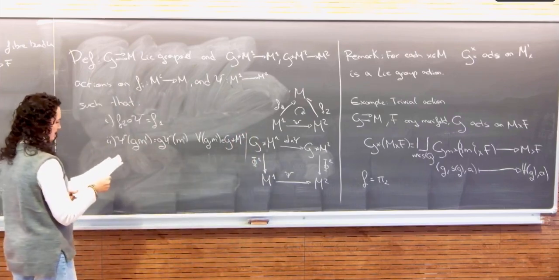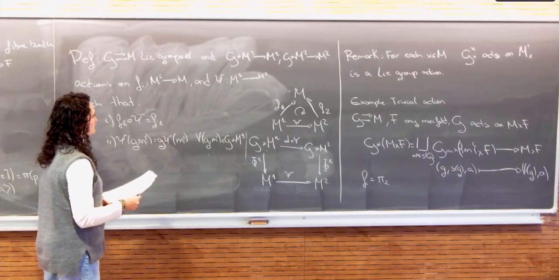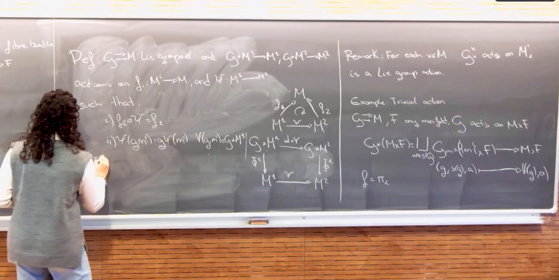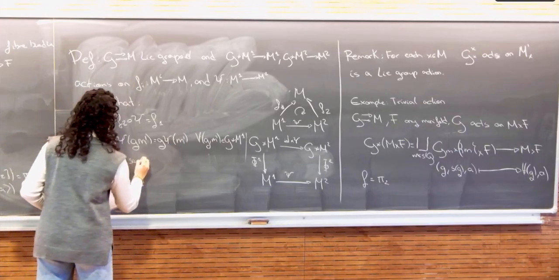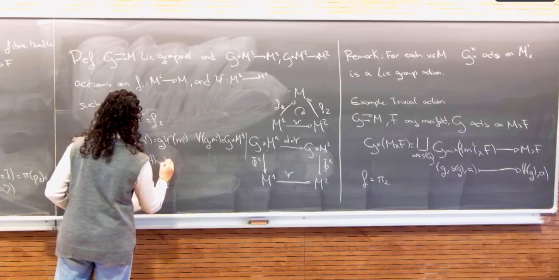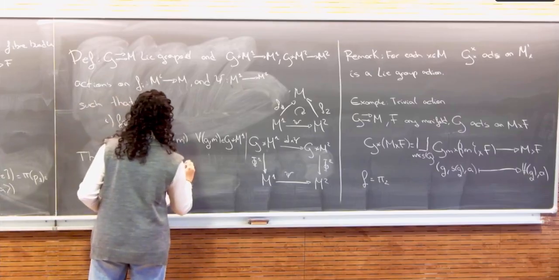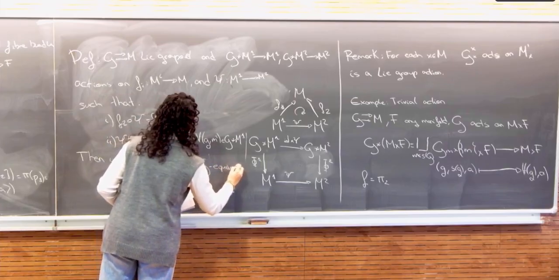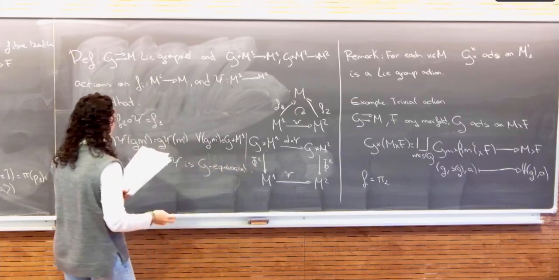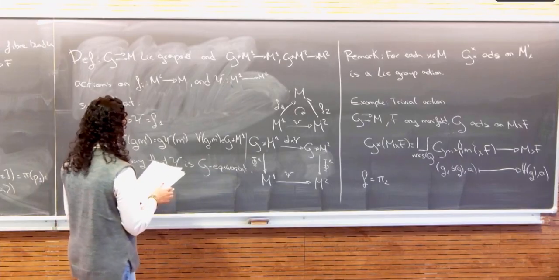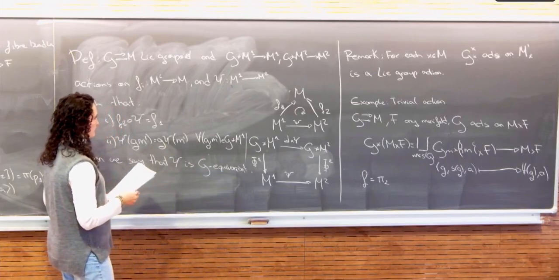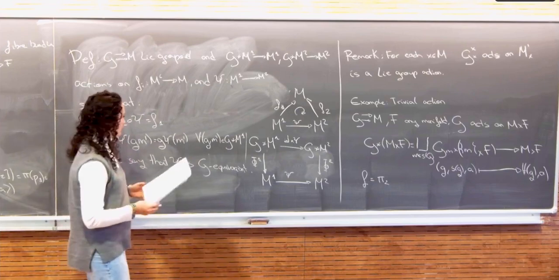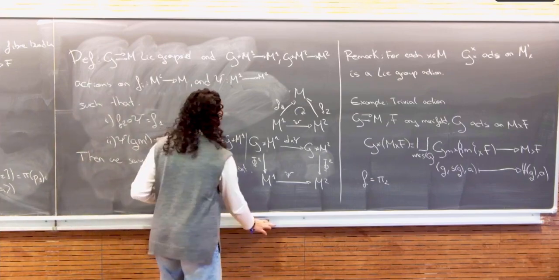If a map between these manifolds has all these properties, we say that phi is equivariant, the same way we did with group action. But what happens if we want to compare two different groupoids on different manifolds?